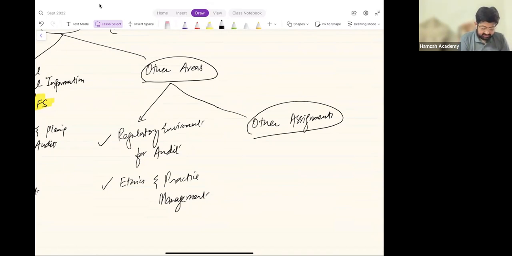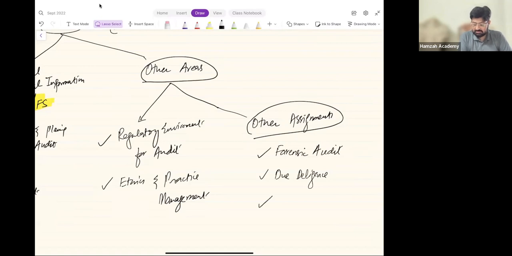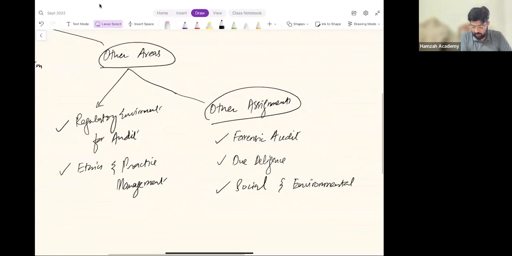Other assignments include, for example, forensic audit, due diligence, social and environmental audit.